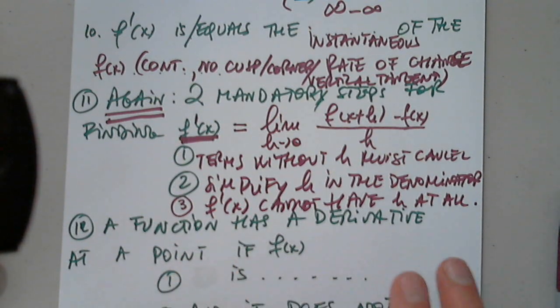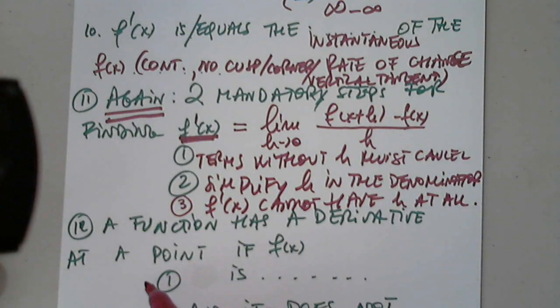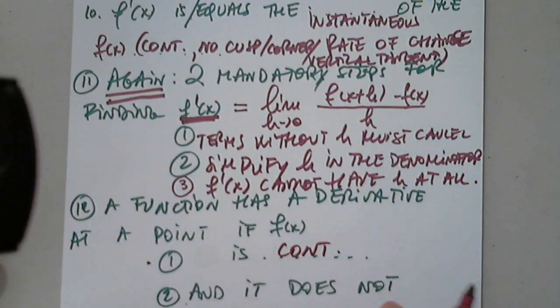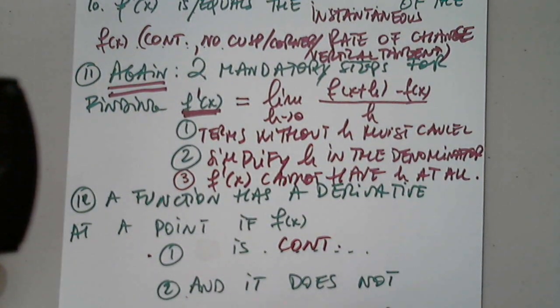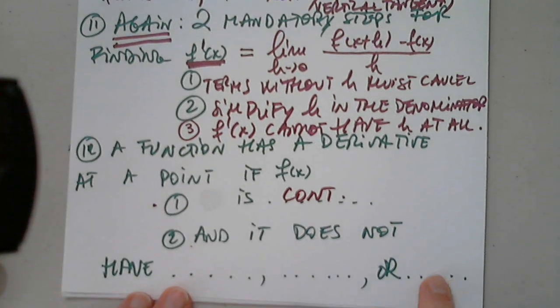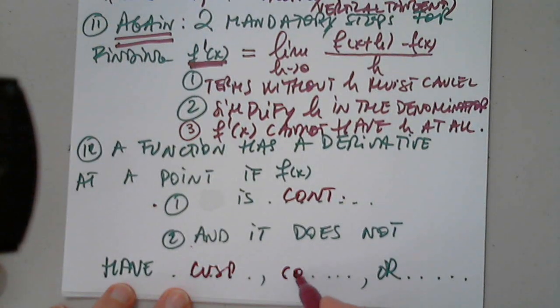A function has a derivative at a point if f of x is, number one, continuous. Yes, awesome. And it does not have a cusp, corner, or vertical tangent.